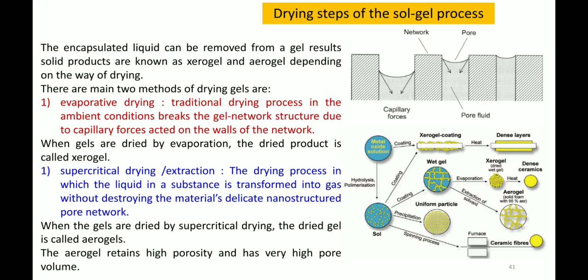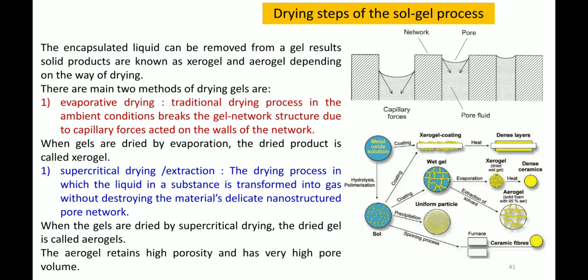It is the drying process in which the liquid in a substance is transformed into gas. Instead of directly evaporating it, first you have to convert that liquid into the form of a gas, without destroying the material's delicate nanostructure pore network.